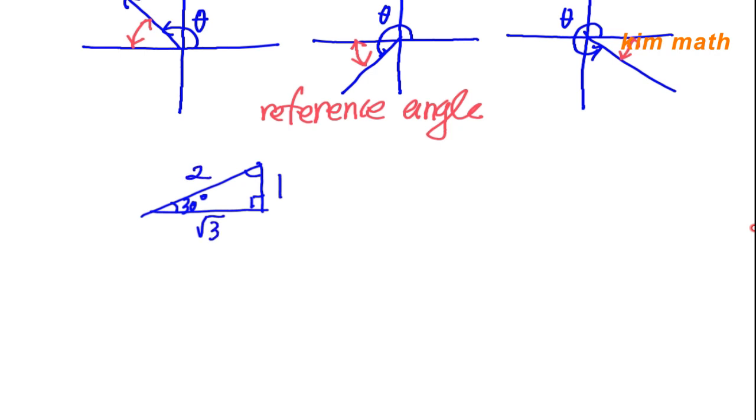Okay? And one more special triangle. When this is 45 degree, 90, another 45. Then this is an isosceles right triangle, right? In this case, the ratio of three sides is 1, 1, square root of 2.